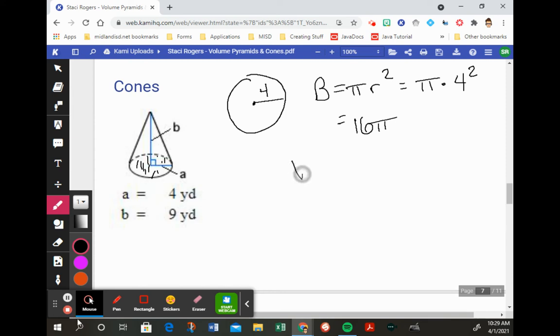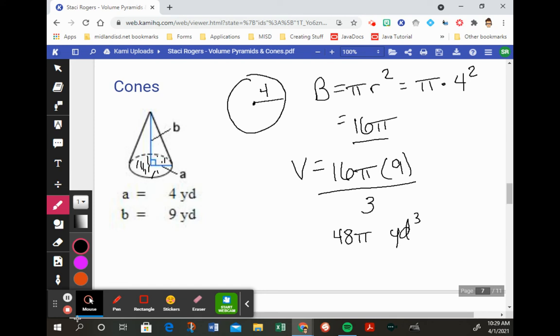Then I come down and do volume equals. Take this, 16 pi, times, the other number is 9, divide by 3. And take it and put in my calculator and get 48 pi cubic yards.